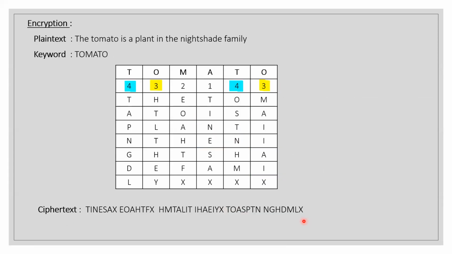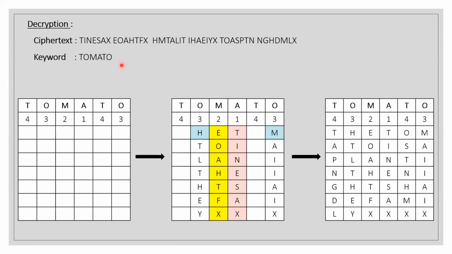Now to decrypt this ciphertext, the length is 7, so there are 7 columns. Then we start filling the first block into the first column.